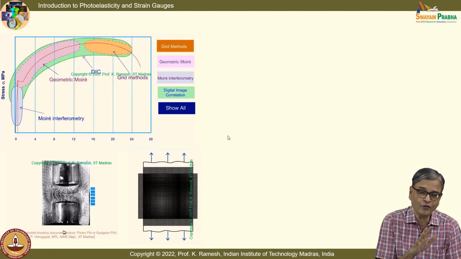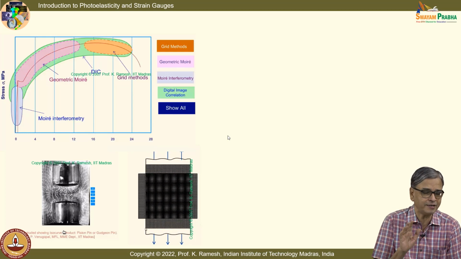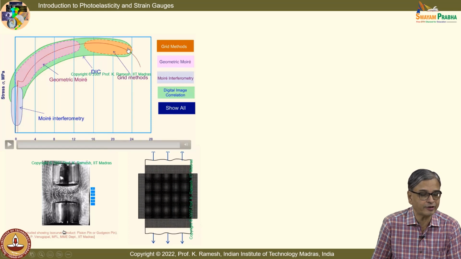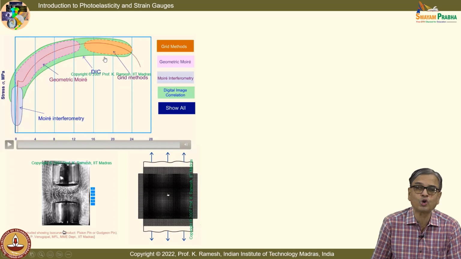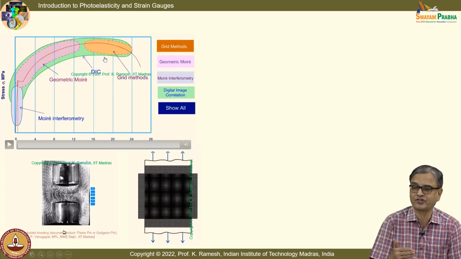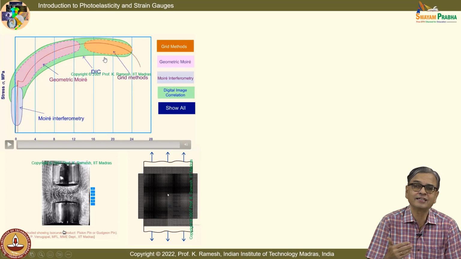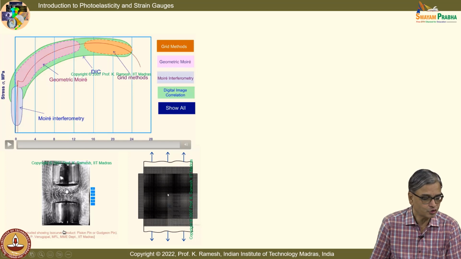So, when we go for any experimental measurement, they are applicable only for a particular range. Grid is a very crude way of finding out the strain. When you have very large strain, the grid is capable of showing good distortion. So, you are in a position to have an idea of what way the body is strained.